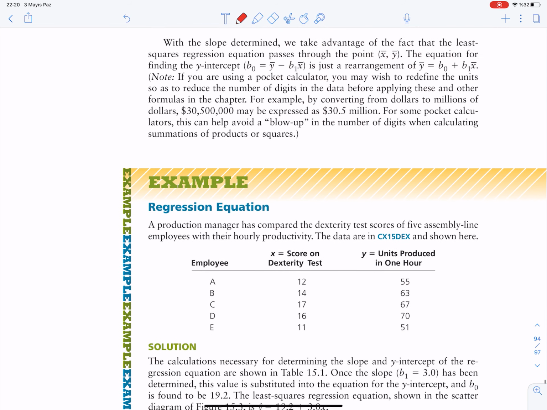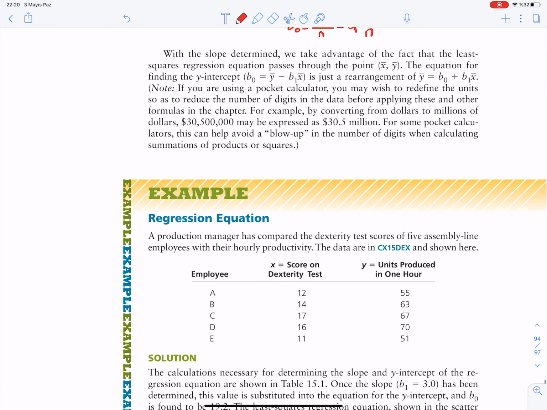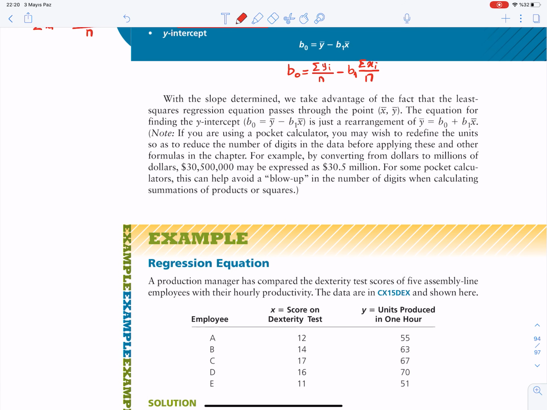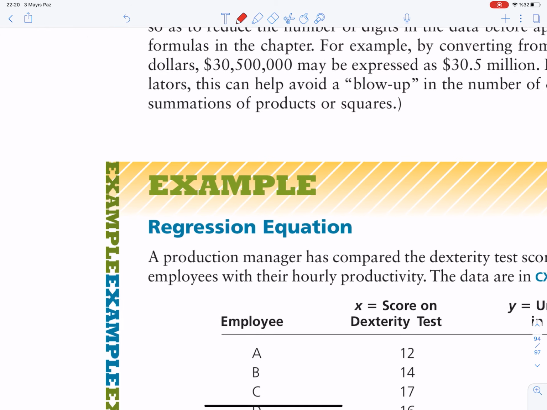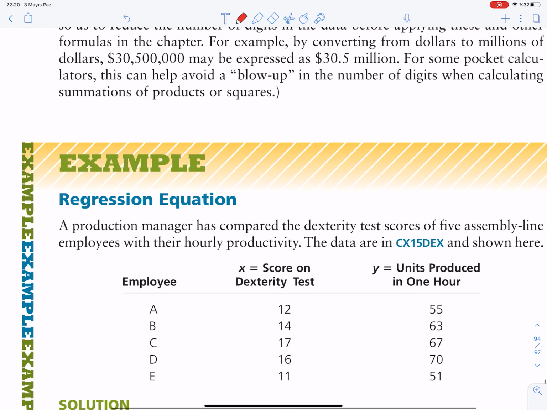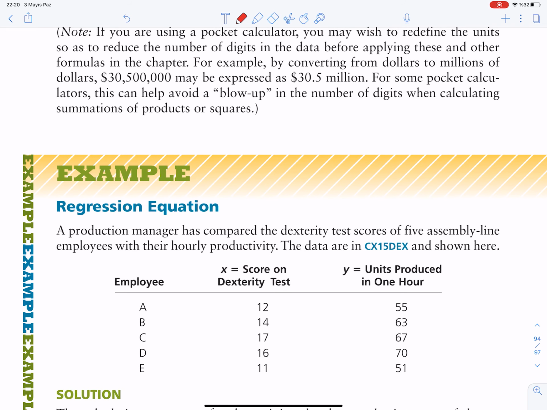Okay, let's have an example. It will help us understand how to estimate the regression line. A production manager has compared the dexterity test scores of 5 assembly line employees with their hourly productivity. The data are in a data file, of course, and shown here.